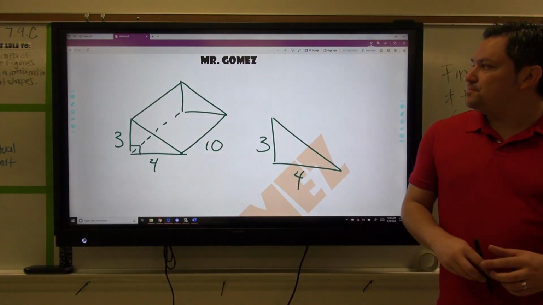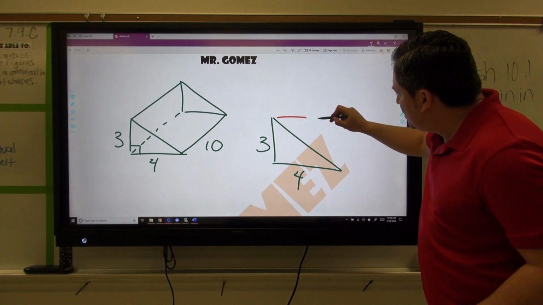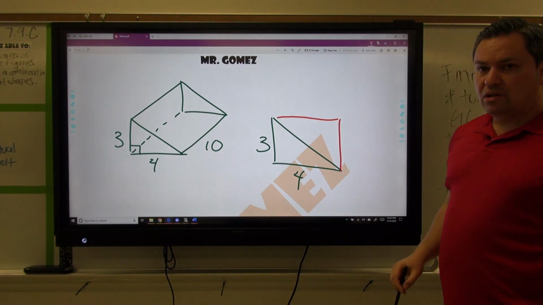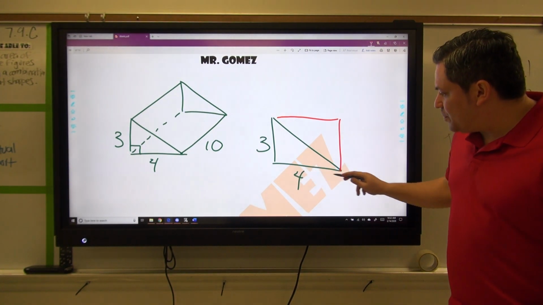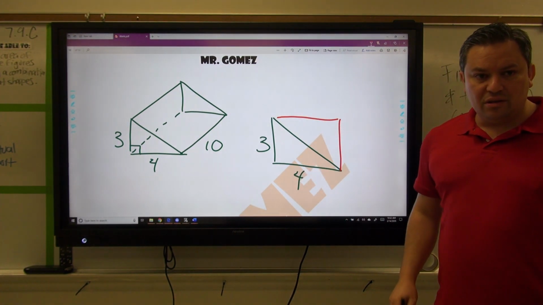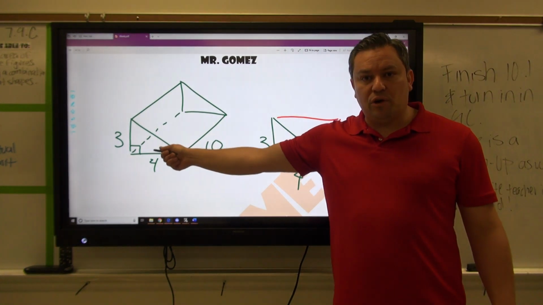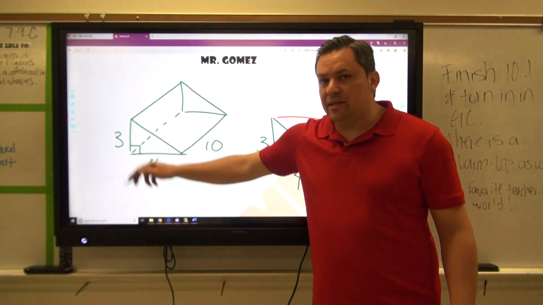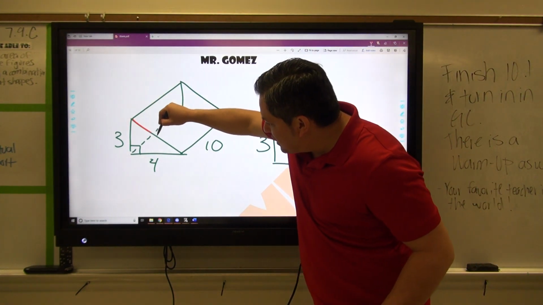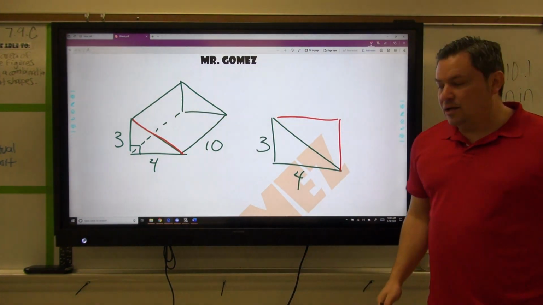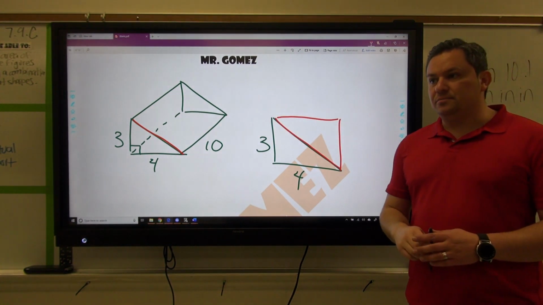Can everybody see that? Because if I make another triangle like that, what do I get? A rectangle. And is that the base and the height of a rectangle? So whenever they give you a right triangle for the base, you take that as the height. Don't take this. This will not be the height. That's the diagonal. Can y'all see that? That is not a height.